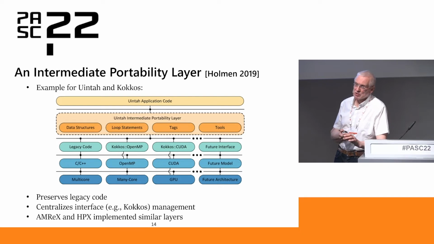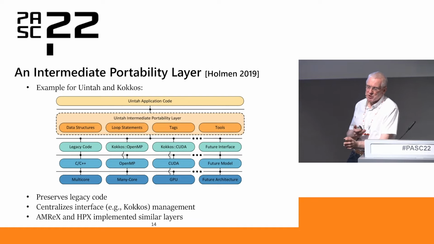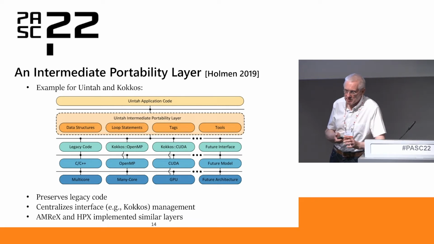So we've got this thing that sits above COCOS, which is the Uintah loop structure, and allows us to map onto our existing code, COCOS code, or anything else that we choose to put in the future. And we know that this has also been adopted by Amrex and HPX in a similar way, maybe a little bit after we moved in that direction, but I guess independently.